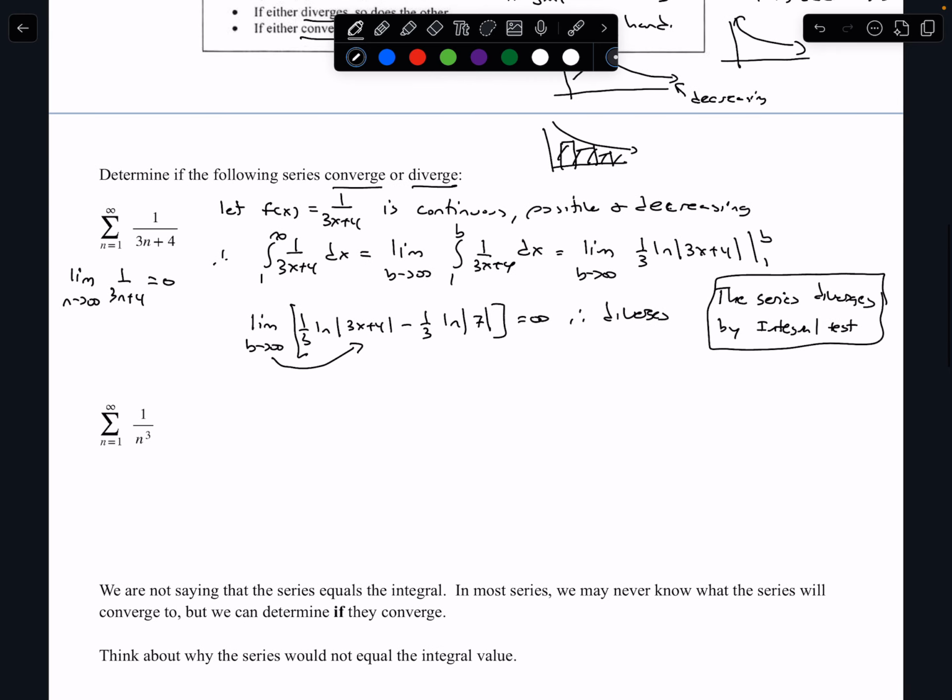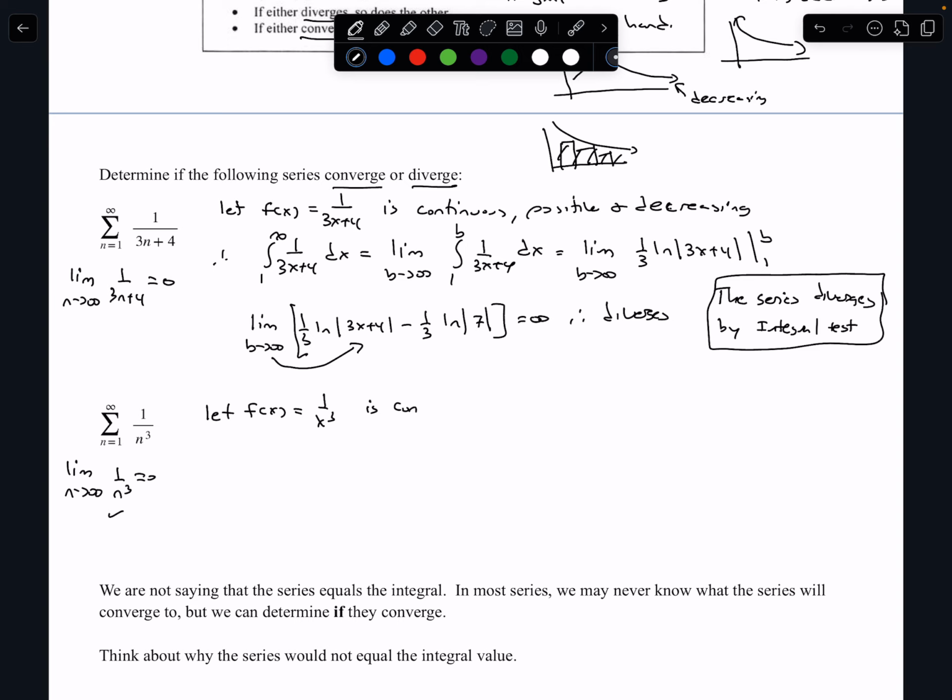1 over n cubed. Again, if I take the limit, and I can do that in my head, the limit as n goes to forever of 1 over n cubed is going to be 0, so check. It's getting small, it's decreasing. So we're going to say let f of x equal 1 over x cubed.